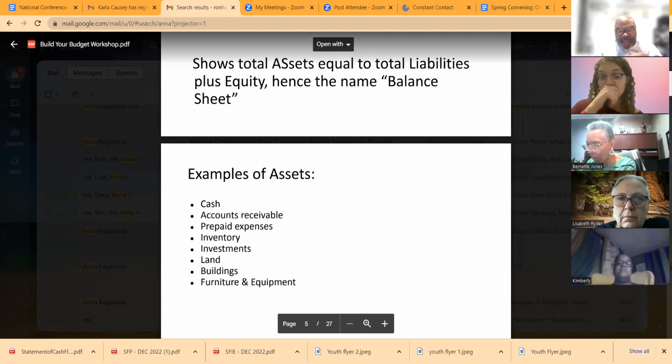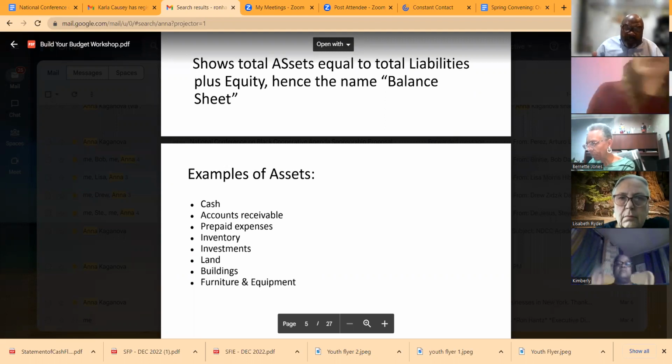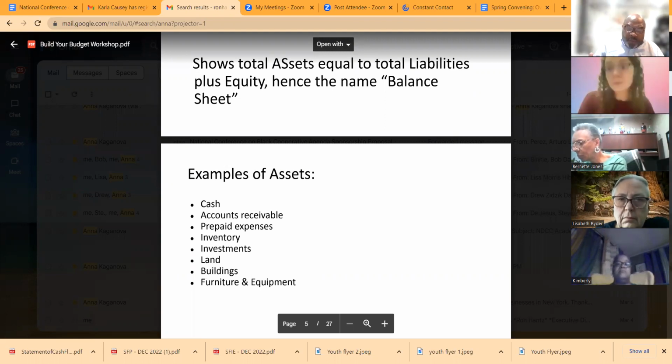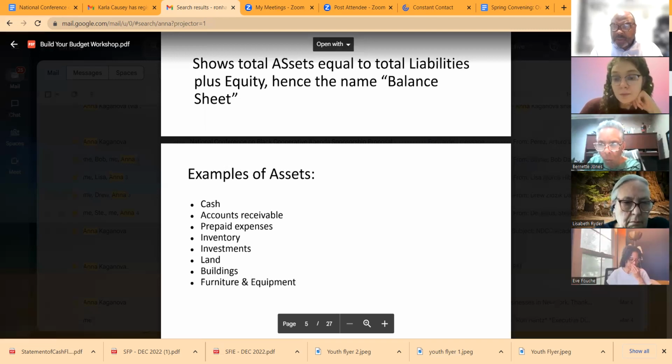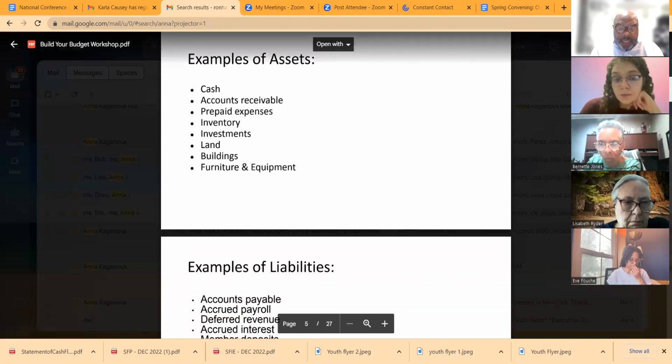So again, examples of assets are cash, accounts receivable, prepaid expenses, inventory, investments, land, building, furniture, and equipment. Normally the things that comprise the assets of a business or organization. Okay.